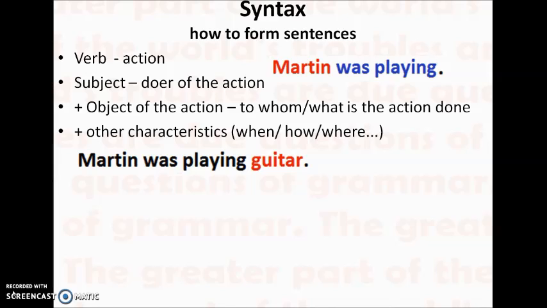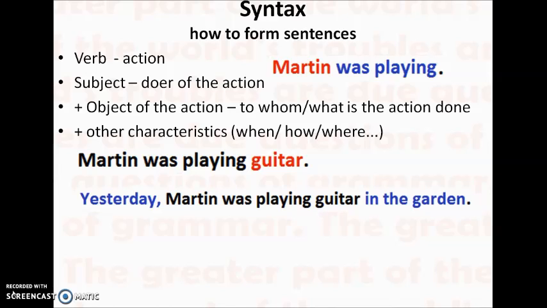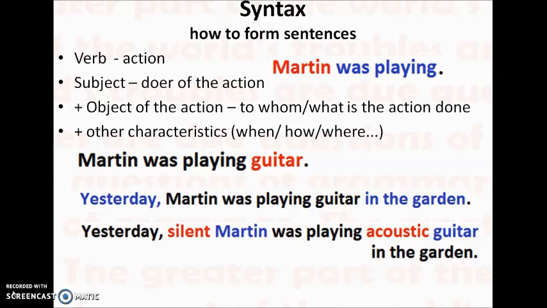For example, yesterday Martin was playing guitar in the garden. Or they can tell us characteristics of the nouns in the sentence. For example, yesterday silent Martin was playing acoustic guitar in the garden.